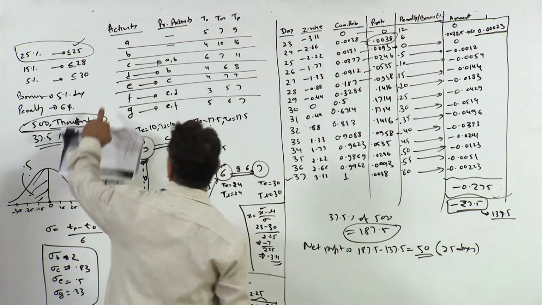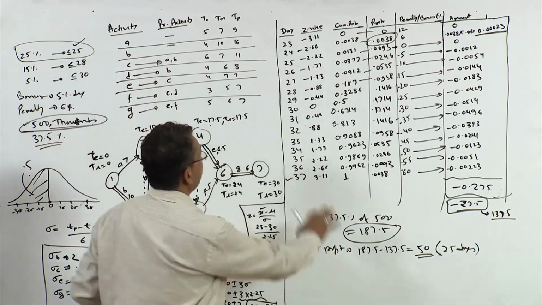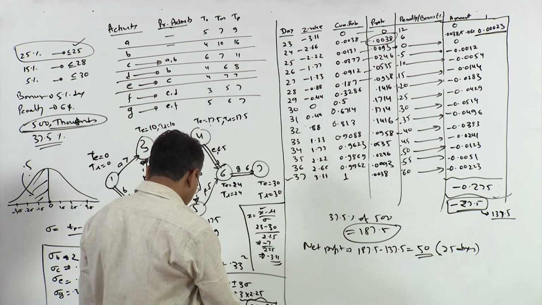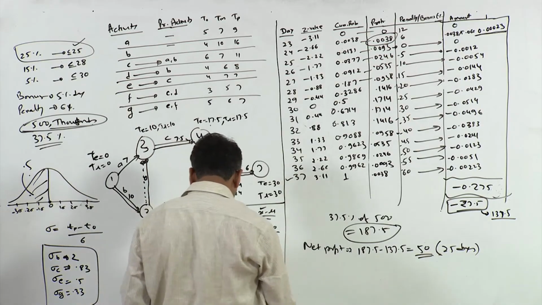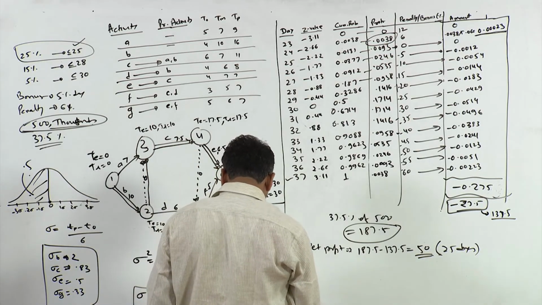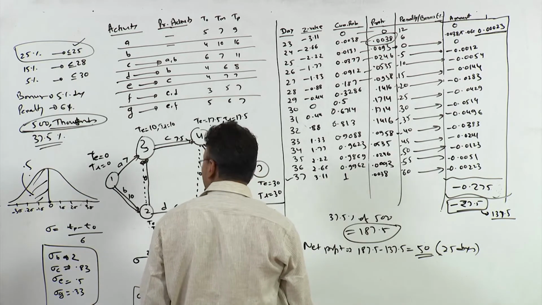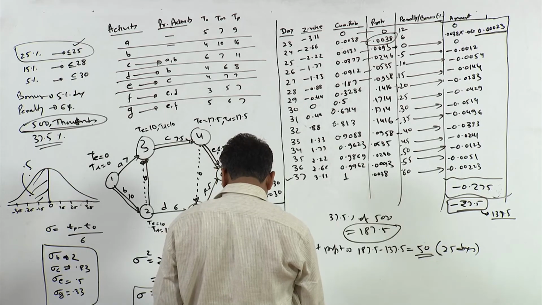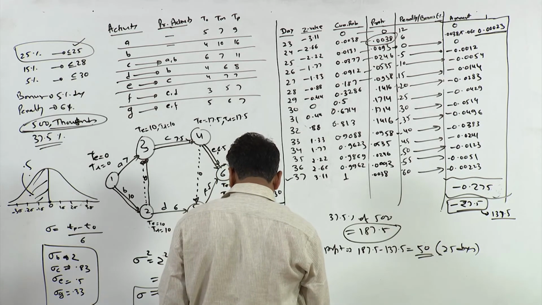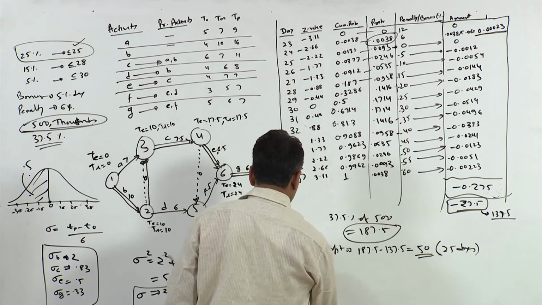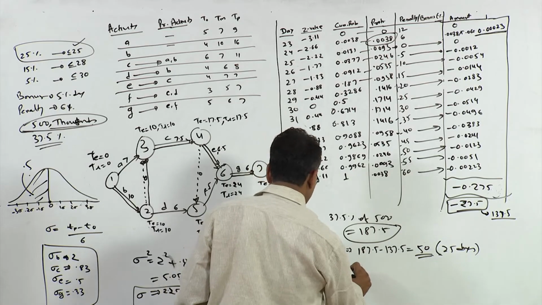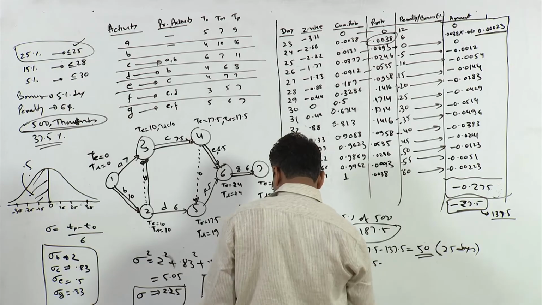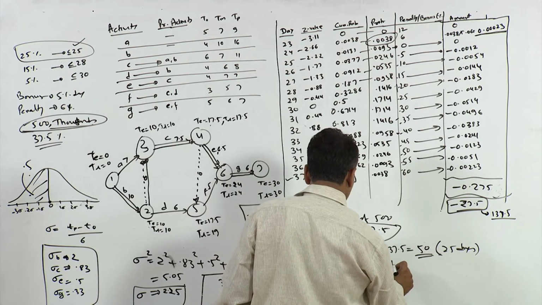When we quote 28 days, all these values will change. So let me directly write the net profit for the second option. The net profit for 28 days would be 187.5 minus 61.5.